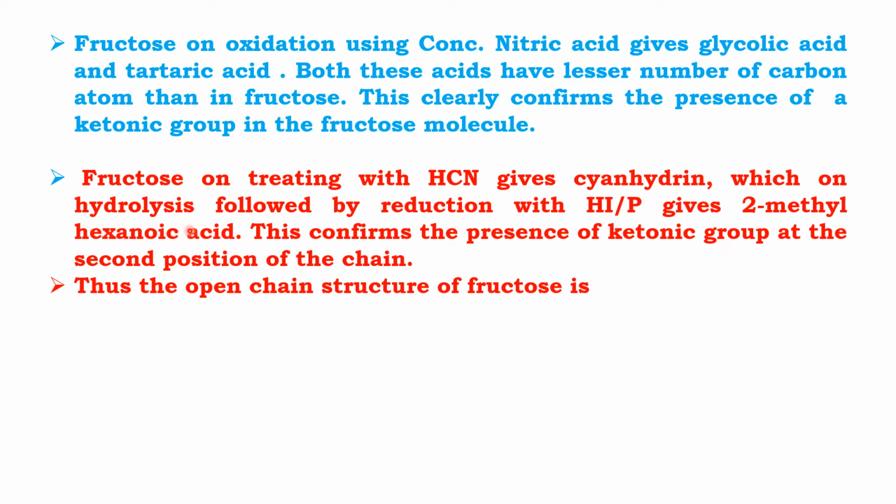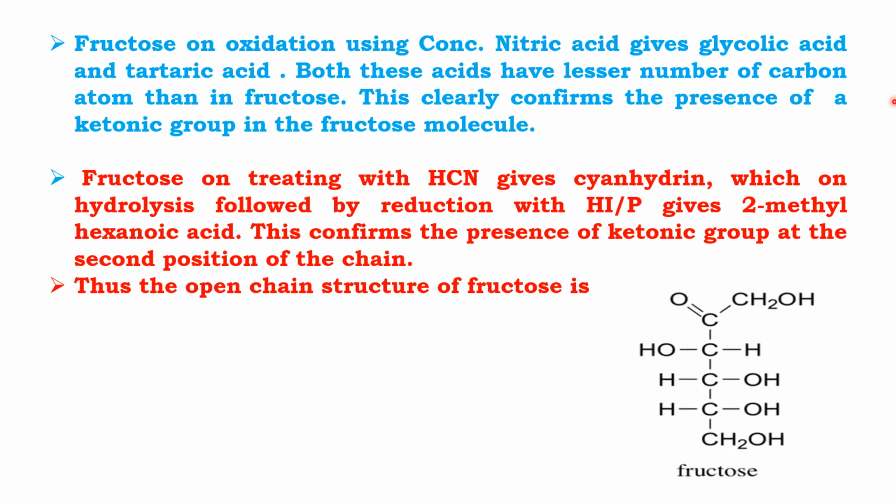This clearly confirms the presence of ketonic group at the second position. Since the ketonic group was on the second position, we are getting 2-methyl hexanoic acid. So, we could confirm that the ketonic group is in the second position.